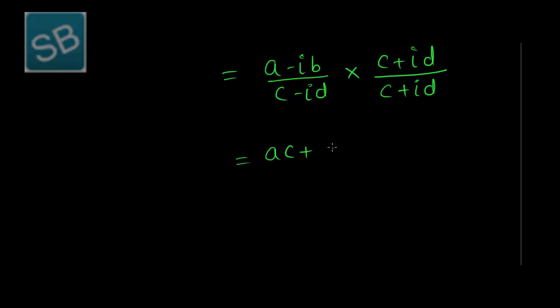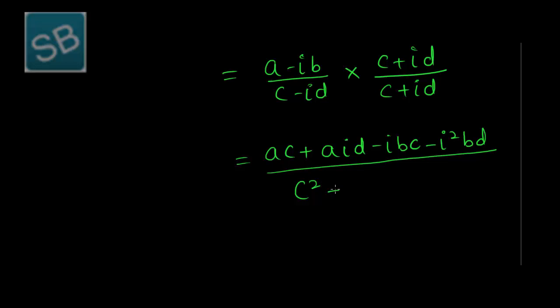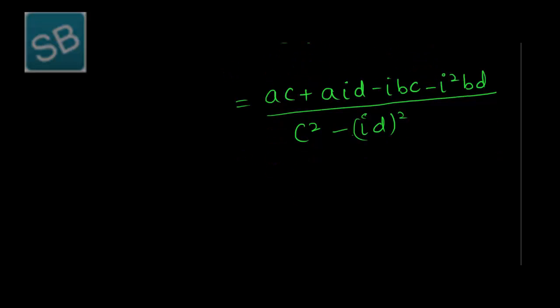That is AC plus A iota D minus iota BC minus iota square BD over, in the denominator, we can apply the identity (a plus b)(a minus b) equals a square minus b square, that is C square minus iota D whole square.